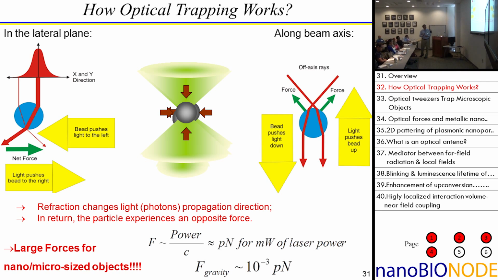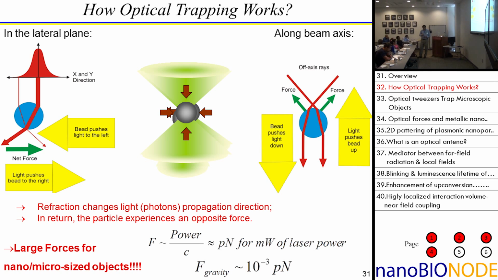Optical manipulation. So a very simple description of how this optical trapping works. You know, we should start perhaps from a dielectric sphere, where if you were to have rays of light, you could imagine, because of refraction at the interfaces, a spherical particle like this would deflect this ray of light, right?